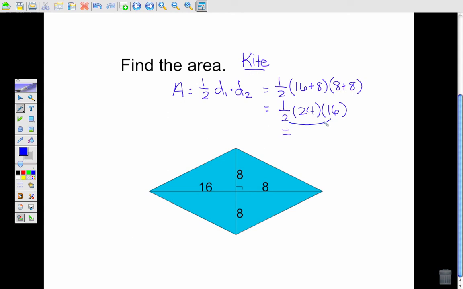Actually, let's take 1/2 times 16 and get 8. So we have to take 8 times 24. And when I take 8 times 24, I'm going to get 192 units squared.